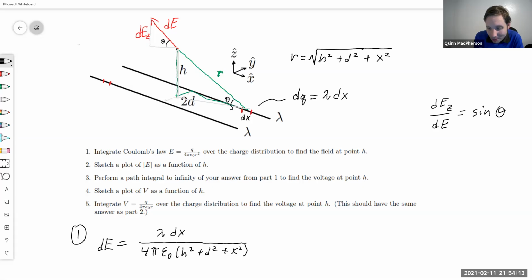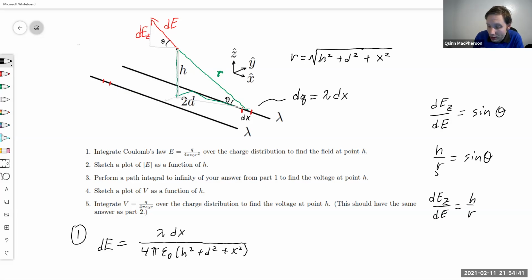Similarly, the sine of that theta is also equal to h over r. So h over r is also equal to sine theta. Setting the two sines together, we get dEz over dE is equal to h over r.